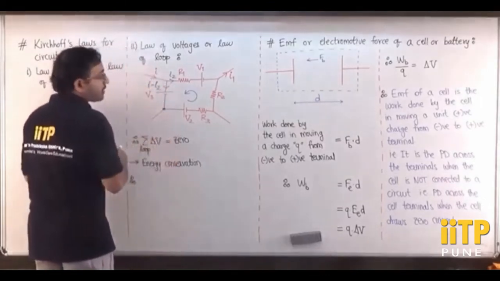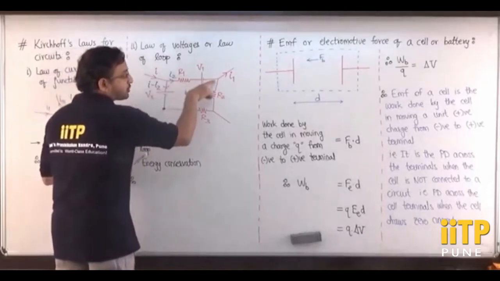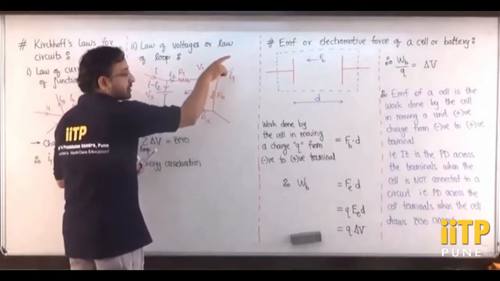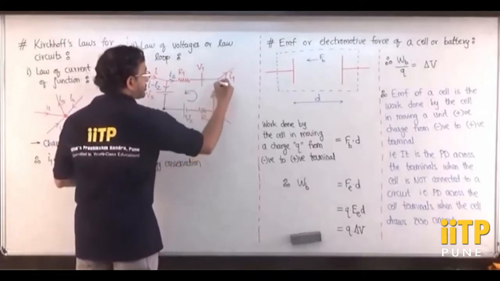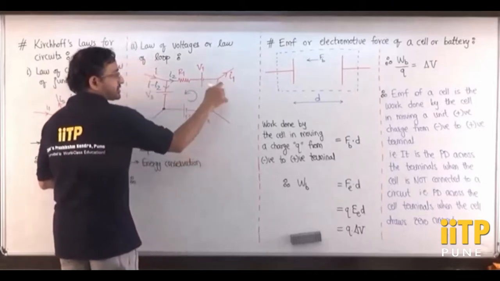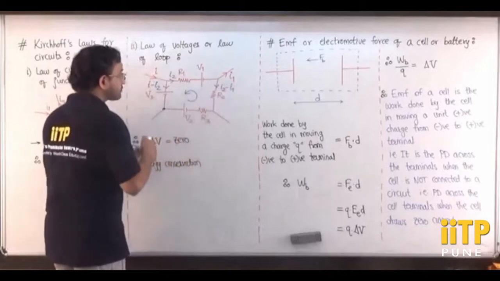Fine. Now that I2 goes there, one part of I2 is I1, which goes away like that. So again I am going to say that there is a current here which goes like this, and that current is I2 minus I1.